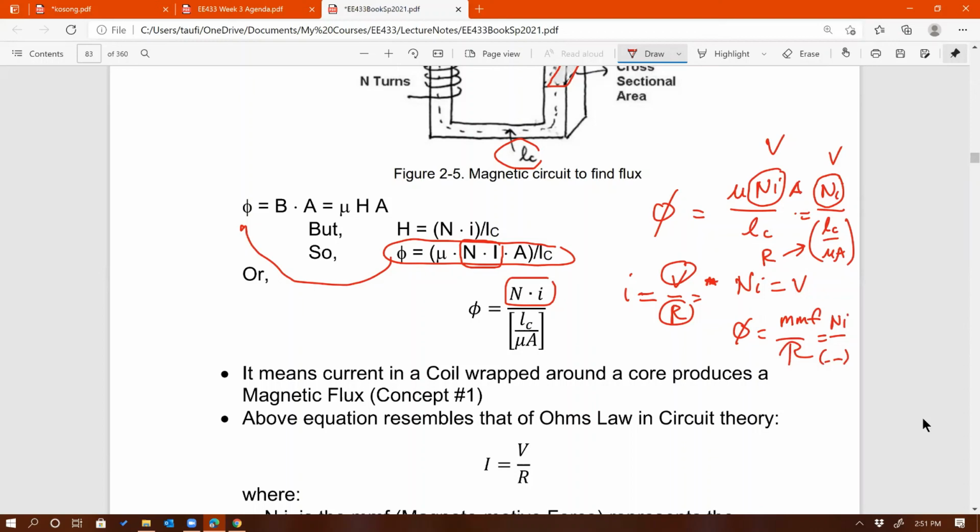So from this equation right here, I know that the remaining term in parentheses is our reluctance, and that's equal to LC over mu A. L subscript C over mu A. There you go. So now we have the equation for reluctance. That's how you derive it, right, from this simple example. So right there is our reluctance.